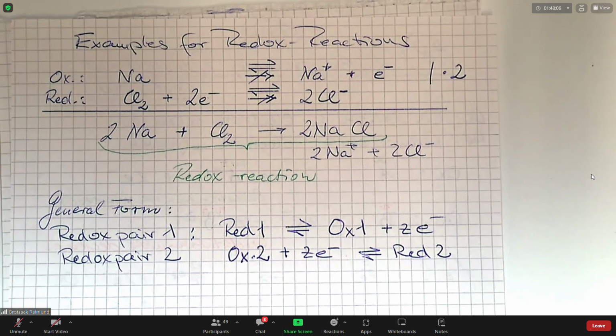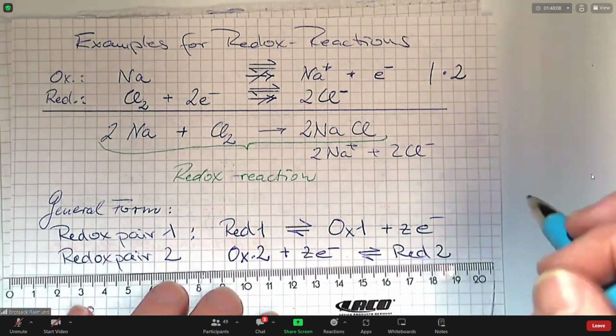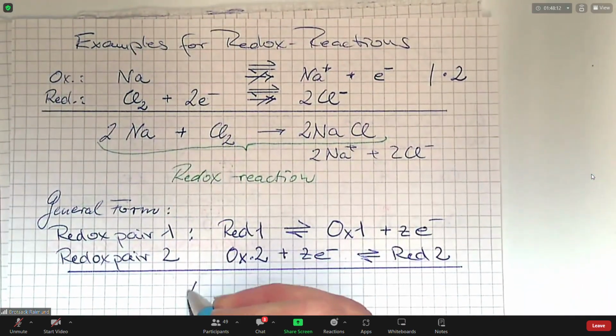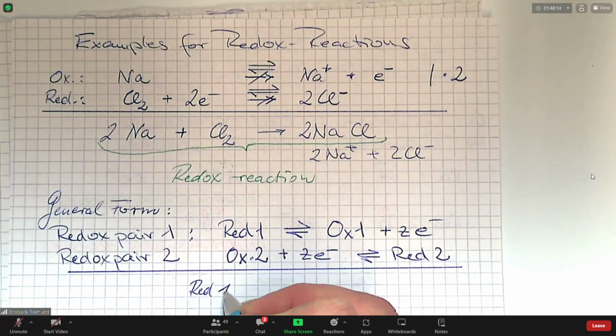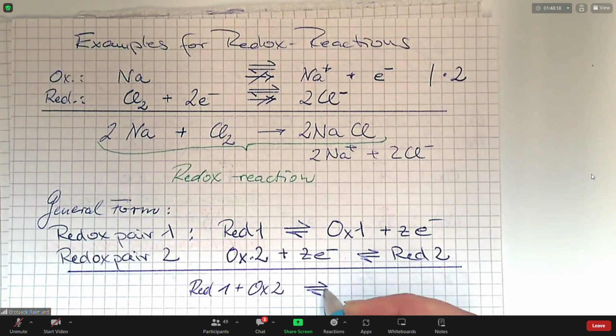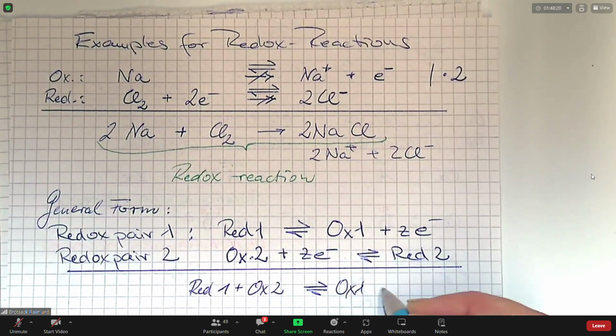And the overall redox reaction is red 1 plus OX2 forms OX1 plus red 2.